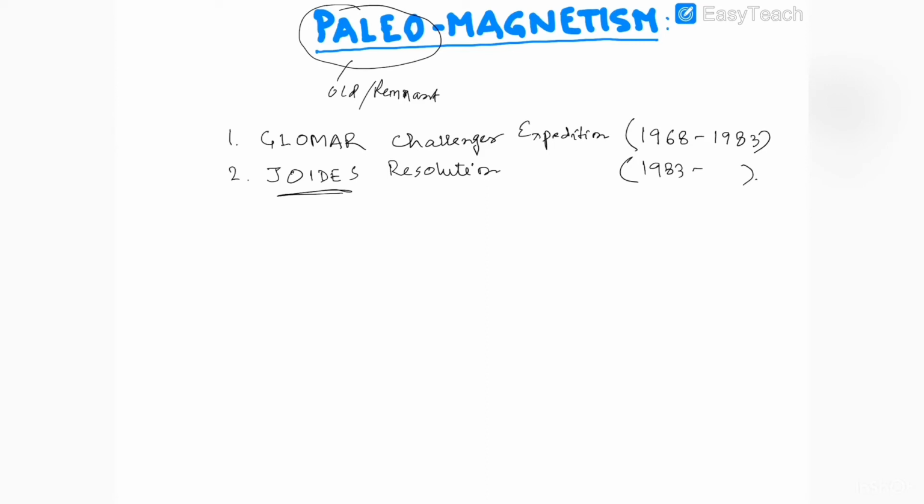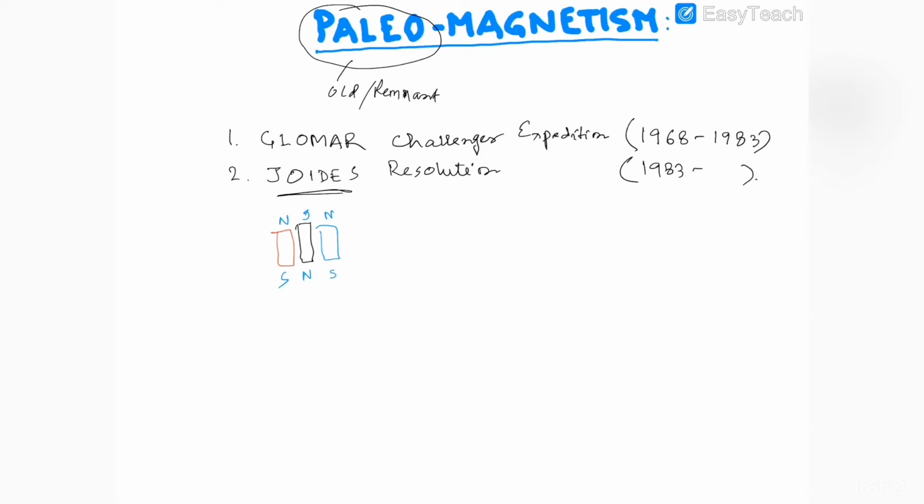Okay. Now what did these expeditions find? They revealed that there are alternating bands of basaltic rock of reverse polarity. If this is north, it is south, then the polarity reversed. This became south, this became north, this became north, this became south.